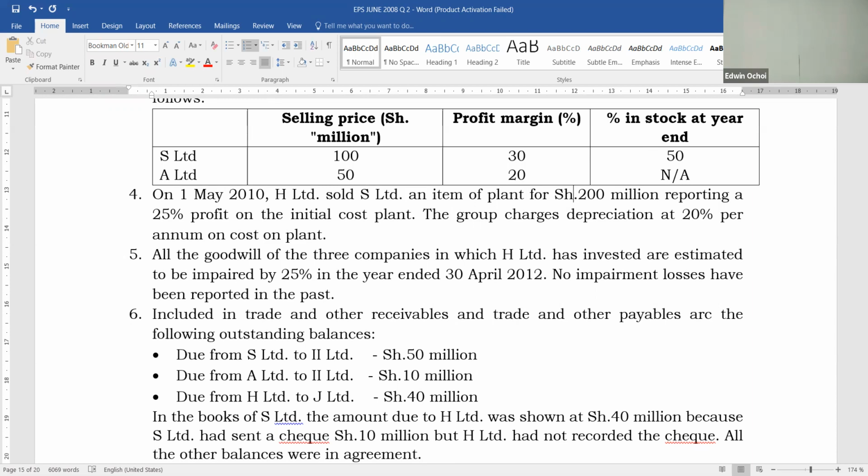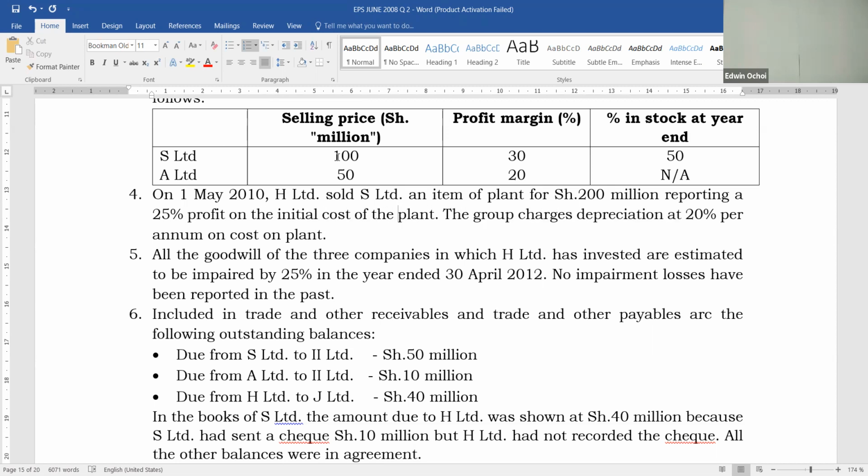So they are saying that on 1st May 2010, H sold S an item of plant for shillings 200 million, reporting a 25% profit on the initial cost of the plant.